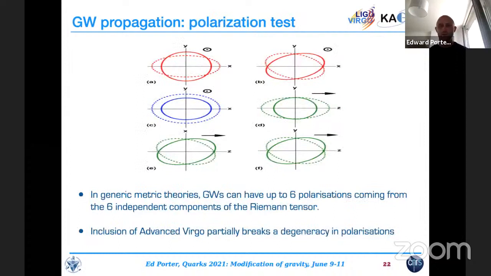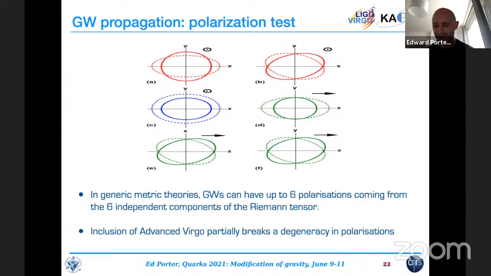One of the final things that we can do is test for excess polarizations in the waveform. We know that in general relativity we just have 2, but in generic metric theories we can have up to 6 polarizations.